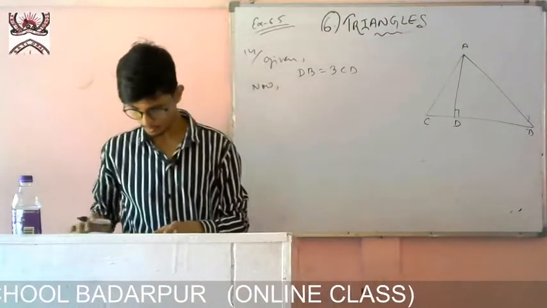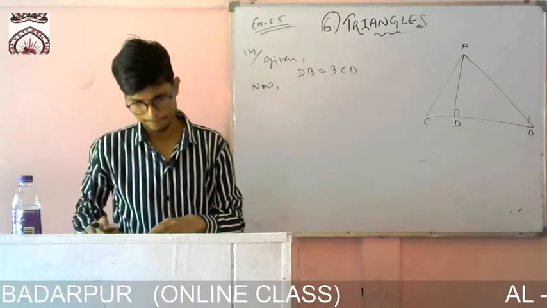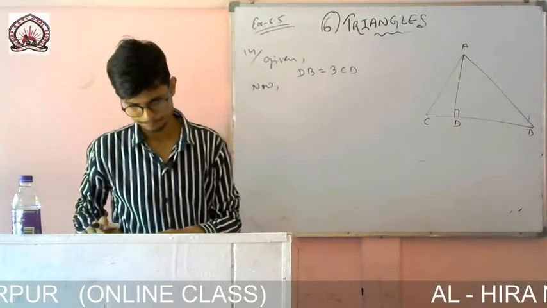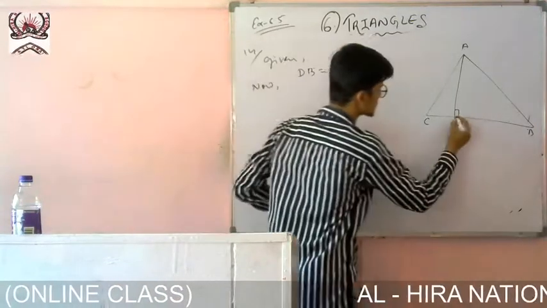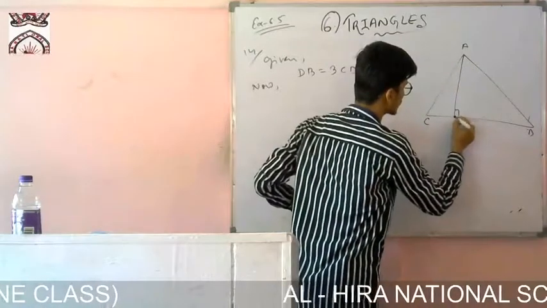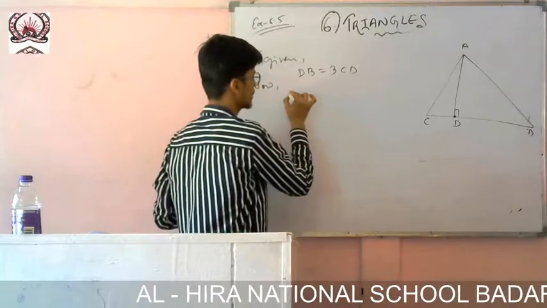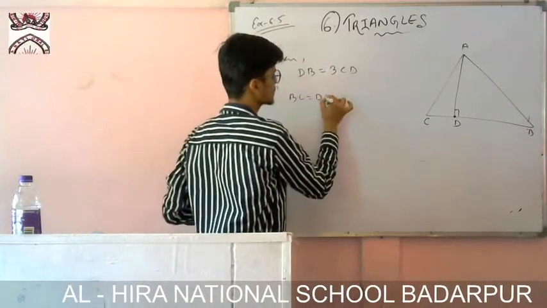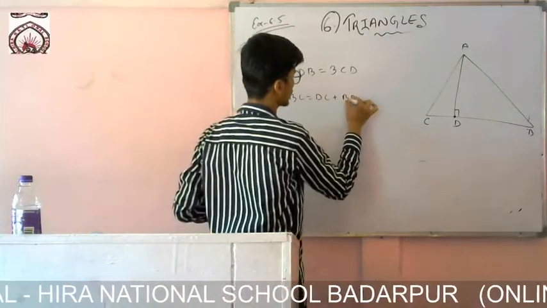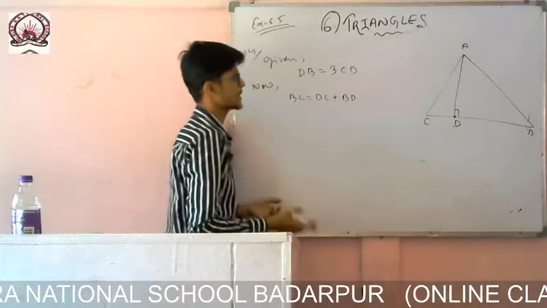Now, one thing you see, what is given here, that this is a line which is drawn on this one, so that means this one is divided into two parts. So I can write BC as equal to DC plus BD, or CD plus BD you can say.